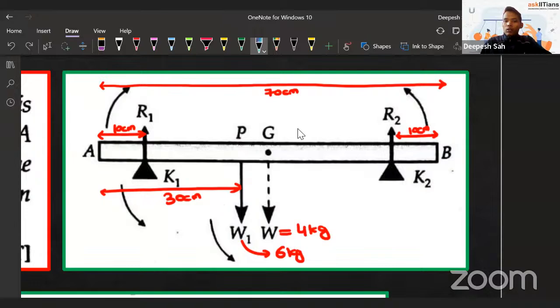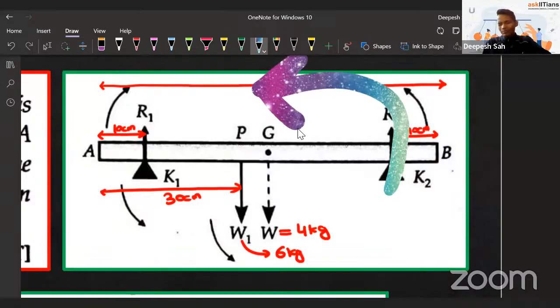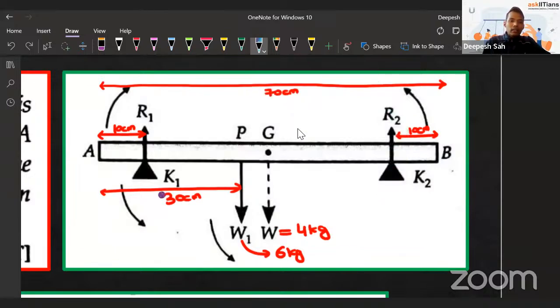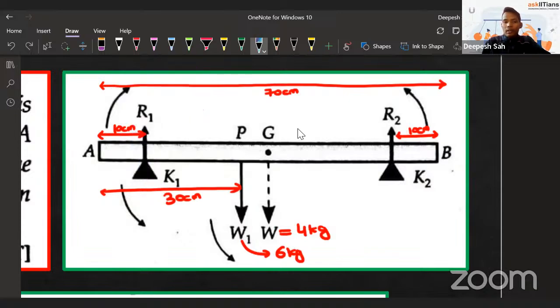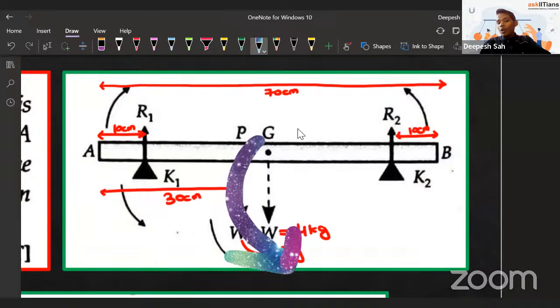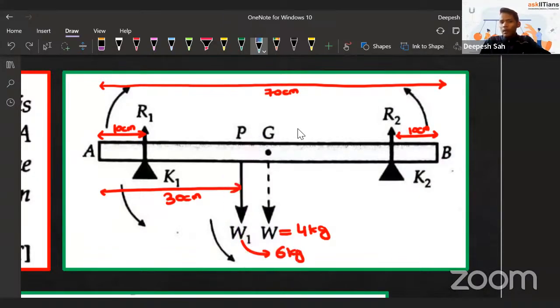And there is a weight on the left side, which will of course cause a force in the downward direction. Now, what kind of torque will this reaction force apply? The reaction force will cause a torque in the anti-clockwise direction, whereas this one will cause a torque in the clockwise direction, and similarly this will also cause a torque in the anti-clockwise direction. This is how it will be done.